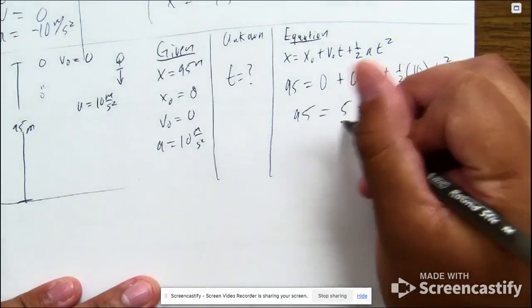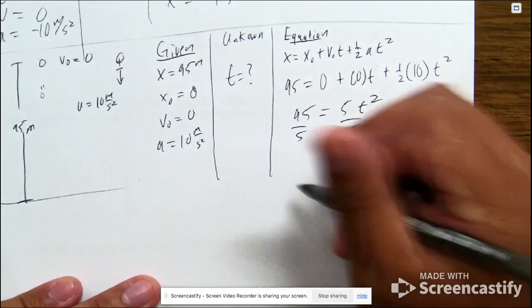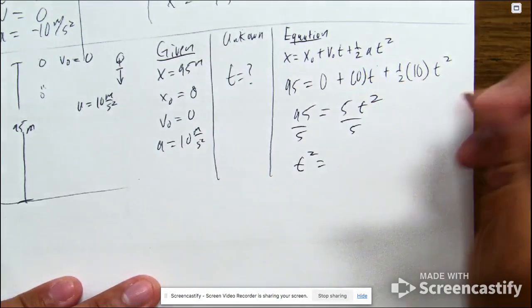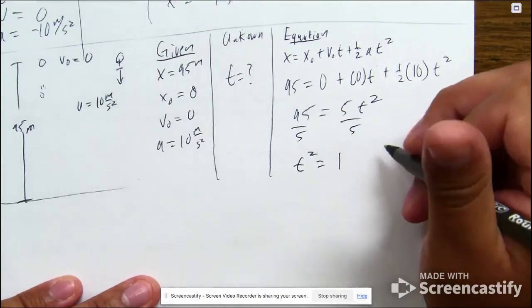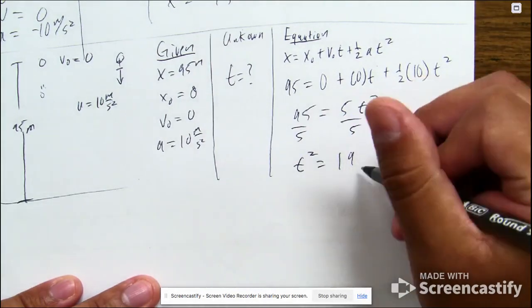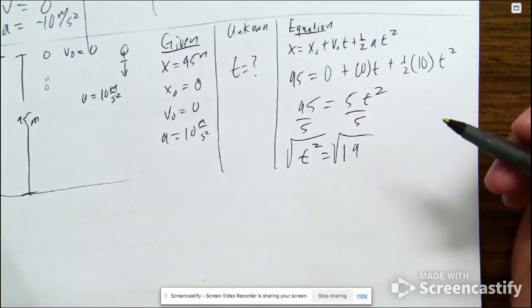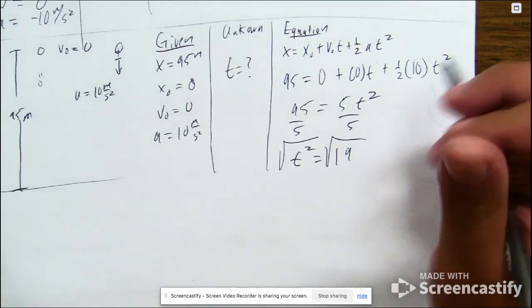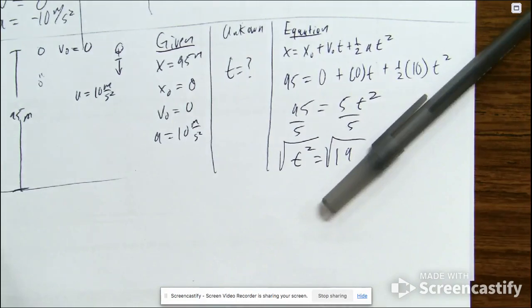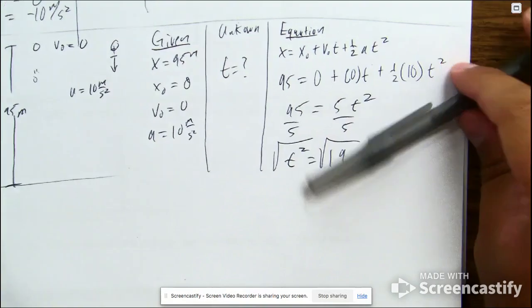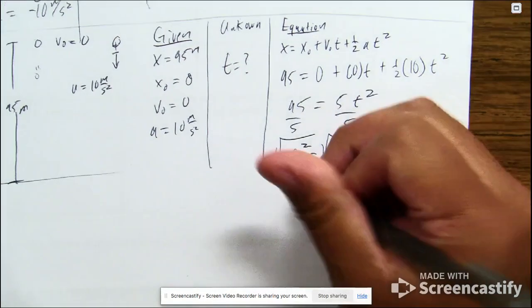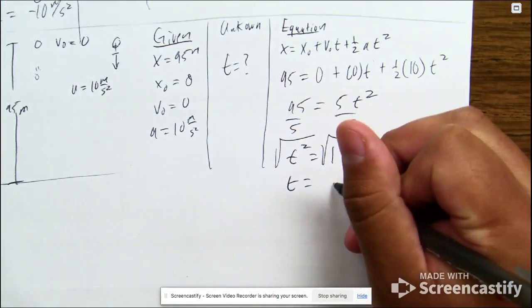I'm going to solve that by dividing both sides by 5. t squared is equal to, what's that, 19? I take the square root of both sides. And hopefully, if I did that right, we're going to get the same answer that we got last time. You can prove it to yourself that when you take the square root of 19, you get t is equal to 4.35 seconds.